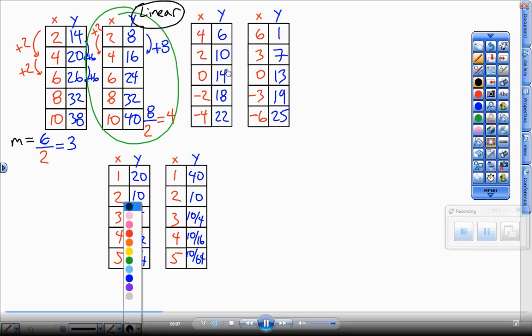All right, next tables. This first one is going up by 4. We're on the x-axis going up by 2. This one is going up by 3, and the y-axis is going up by 6.